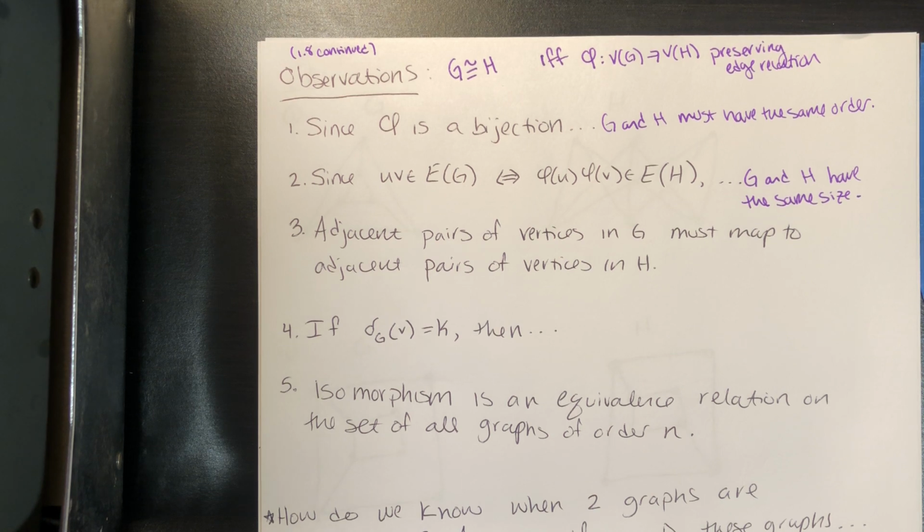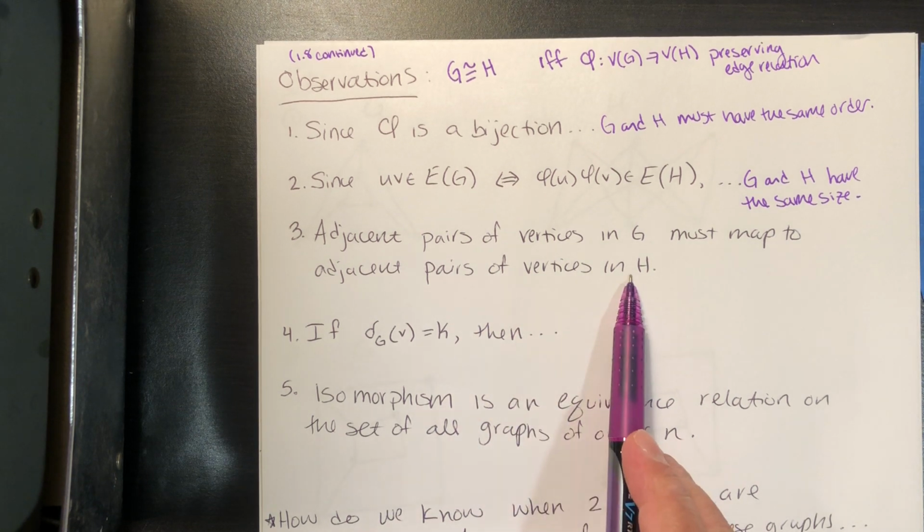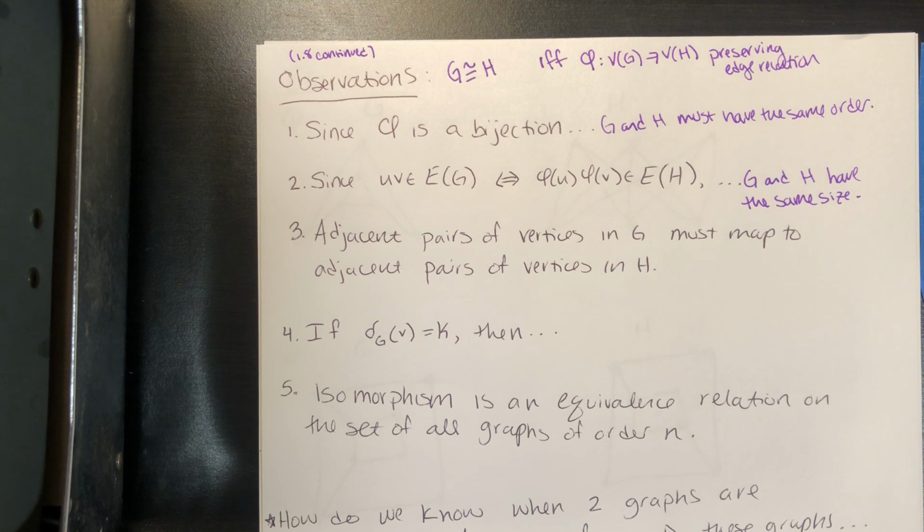Okay, some other observation. Adjacent pairs of vertices in G have to map to adjacent pairs of vertices in H, and so this can be a helpful tool for determining when two graphs are not isomorphic. If you know for a fact that one vertex in one graph has to map to another, but there's some reason why you end up with a pair of vertices that are adjacent in one but not in the other, then you can be sure that those graphs are not isomorphic.